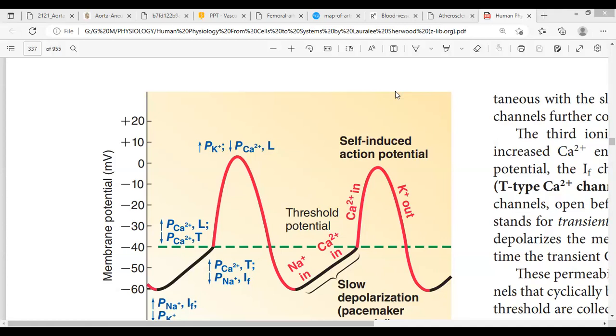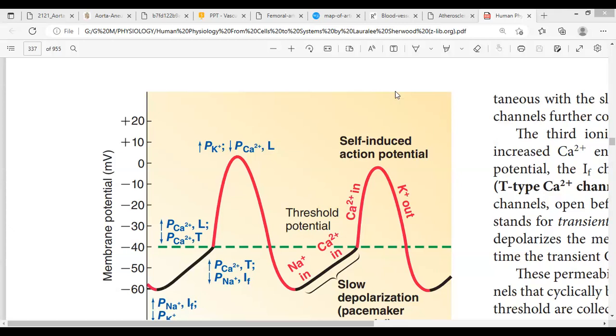Okay, so for the SA node and AV node, what happens is that these funny channels, sodium funny channels, are always open, and they're always pumping sodium into the cell. So when an action potential is supposed to start, this sodium is pumped and it causes depolarization.